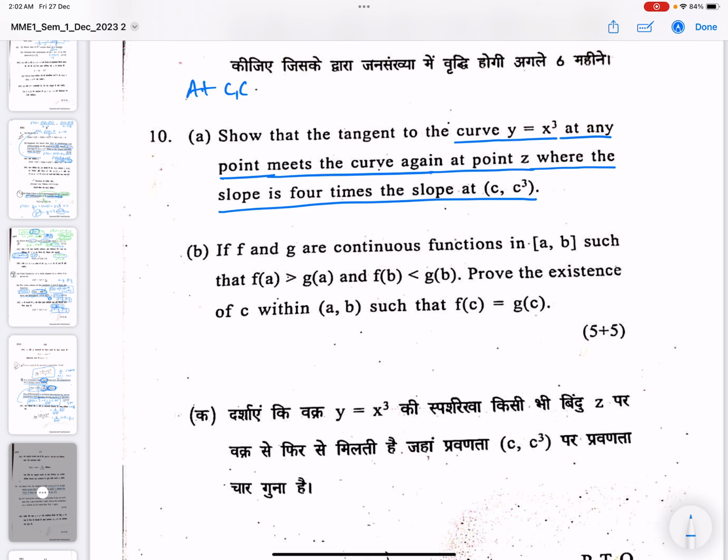the equation of the tangent would be y minus y1 equals f dash x into x minus x1, we know this.